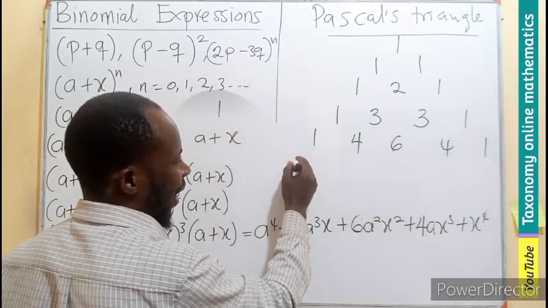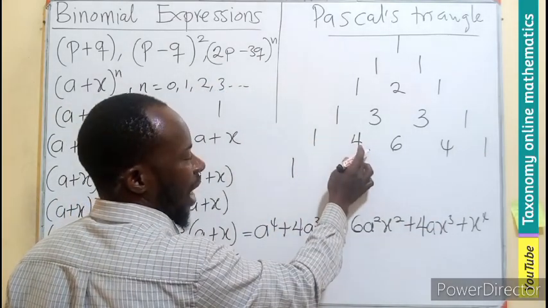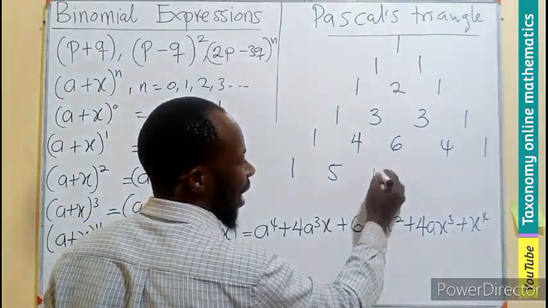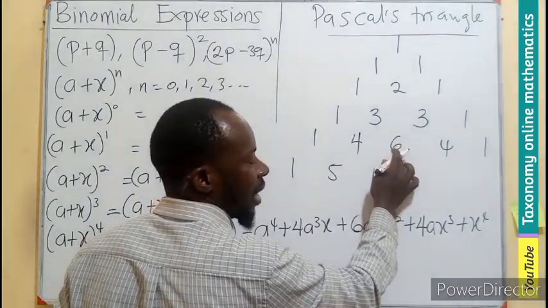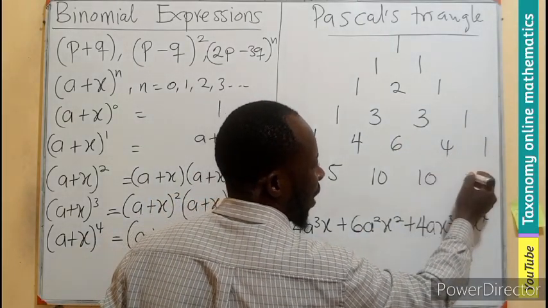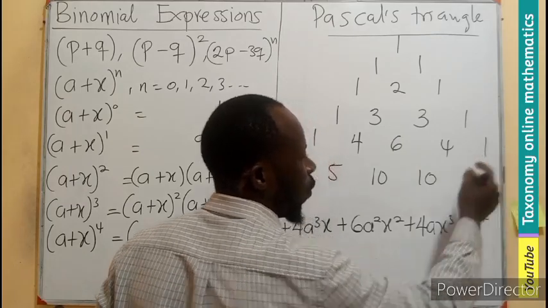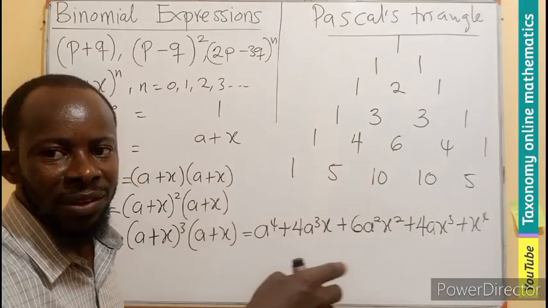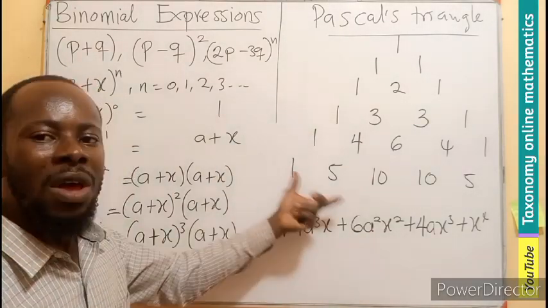You can tell that the next one will be 1. 1 plus 4, 5. 4 plus 6, 10. 6 plus 4, 10. 4 plus 1, 5. And the last one will be 1. So you can be able to generate all the coefficients.